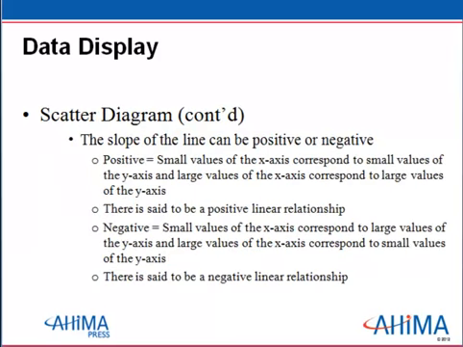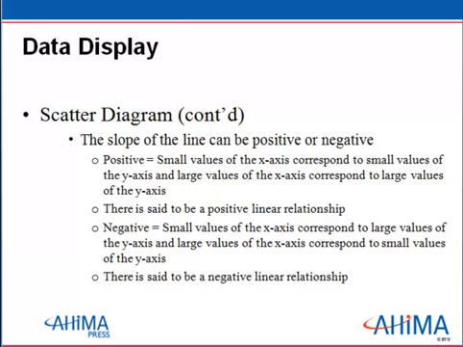The slope of a line can be either positive or negative. Positive means that small values of the x-axis correspond to small values of the y, and large values on the x correspond to large values on the y. Then there is said to be a positive linear relationship.